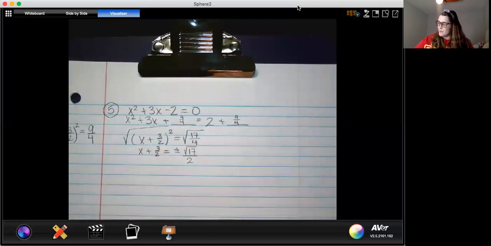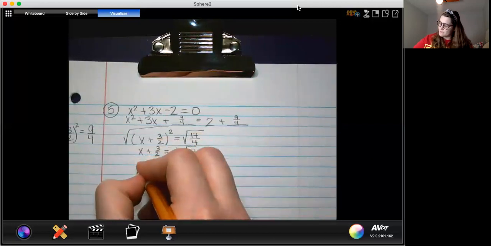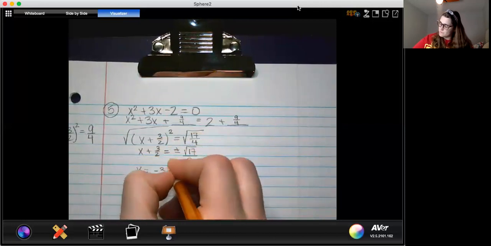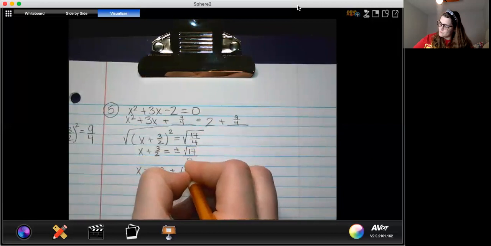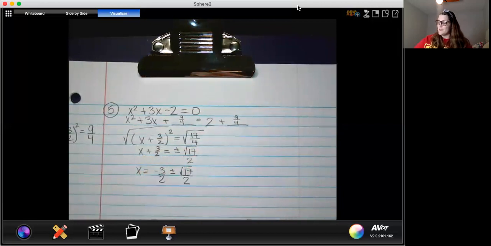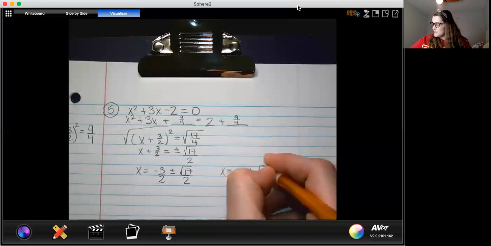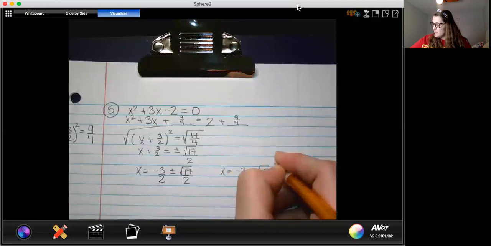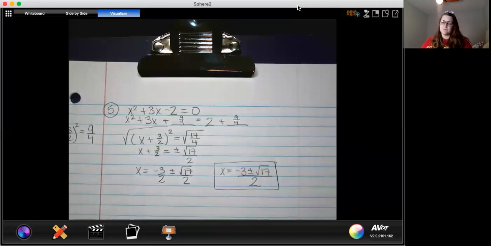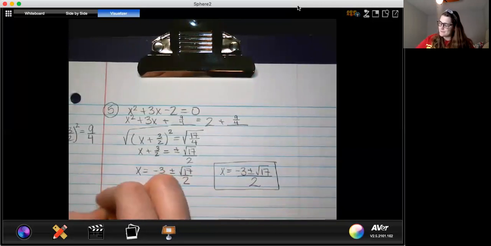I'm going to subtract my 3/2 over, and then I'm going to combine like terms because they have the same denominator. So therefore, x equals negative 3 plus or minus the square root of 17, all divided by 2. And that's how we solve number 5, and that should be your answer. Let's see about number 6.